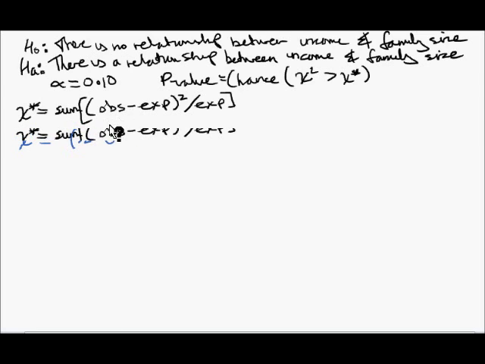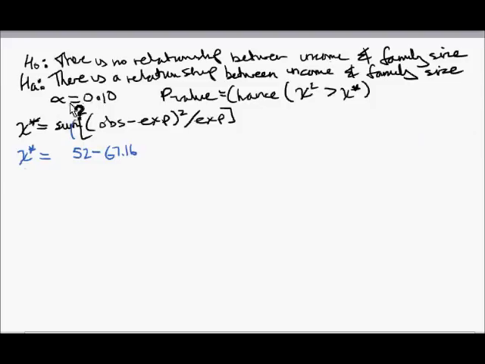Going to square that. Let's erase it because I'm not sure what it's doing there. There we go. So 52, the observed, minus 67.16, the expected, divided by the expected 67.16.